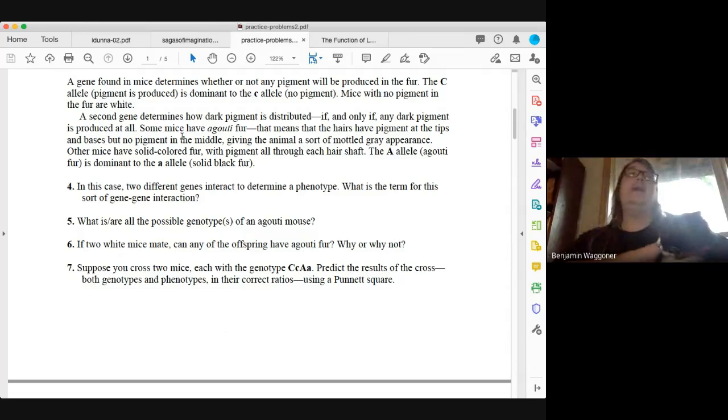Now, unfortunately, our tabby cat is not available for consultation at the moment, but you'll actually see this if you have a striped cat, a tabby cat. If you look very carefully at the hairs that make up the lighter colored stripes of a tabby cat, they are mostly light colored, but they'll have dark tips and usually dark bases.